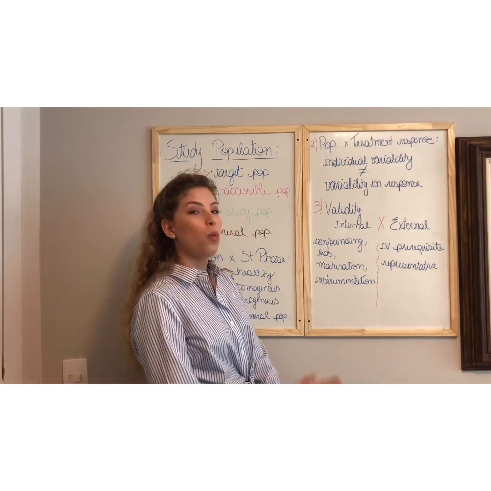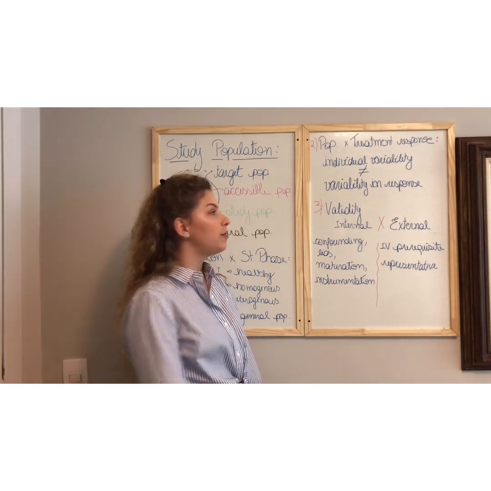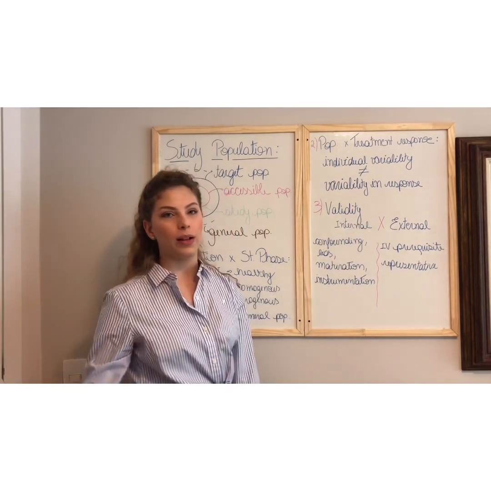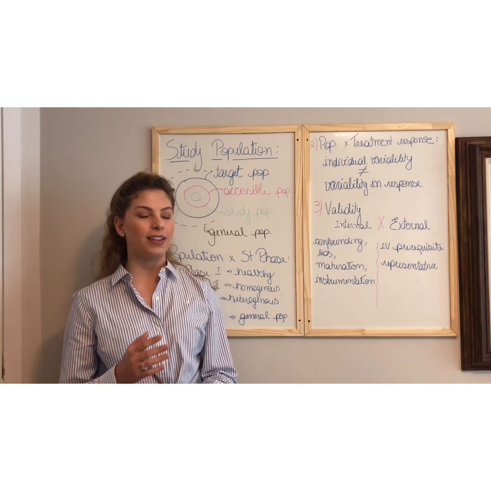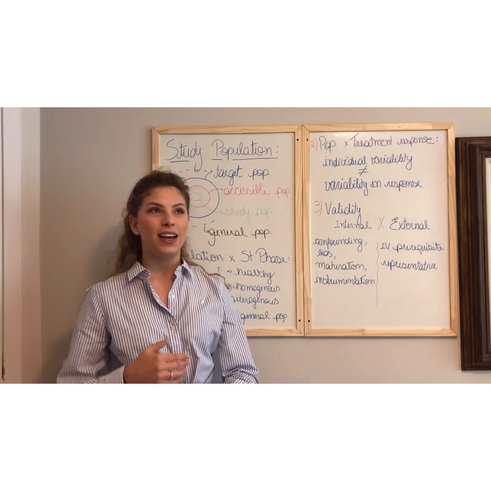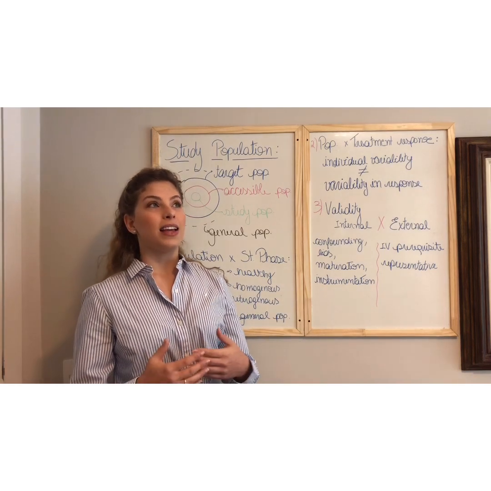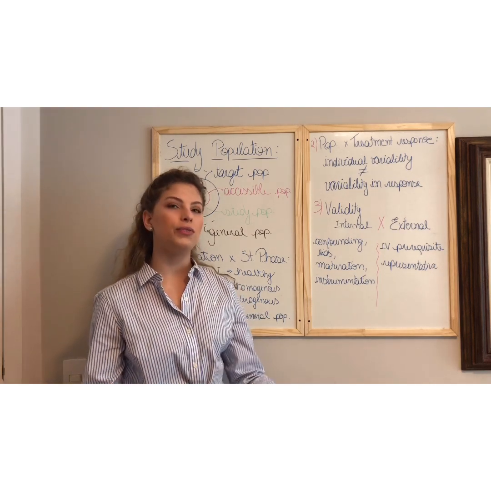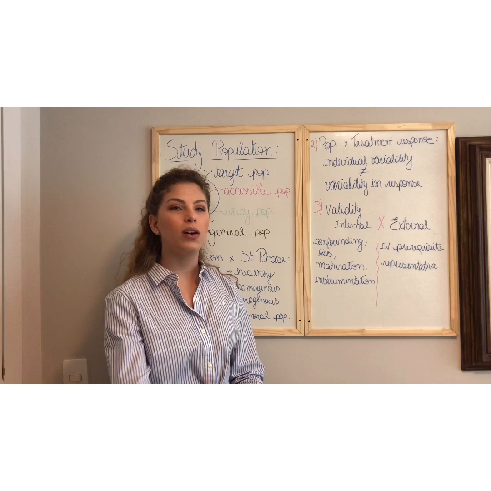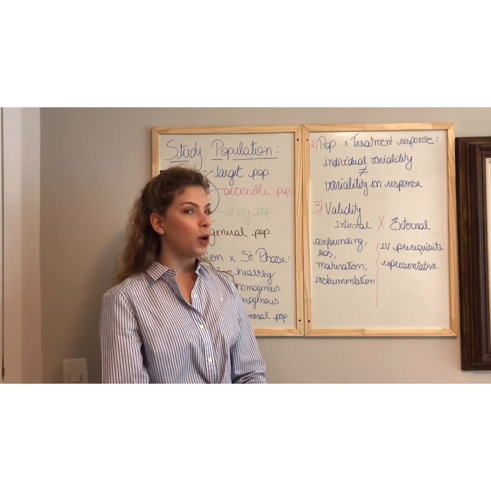So, what are the threats to internal validity? Well, we have many. Confounding factors. Confounding factors are characteristics that can alter, or not, the response of each individual to the new drug I'm testing, okay?